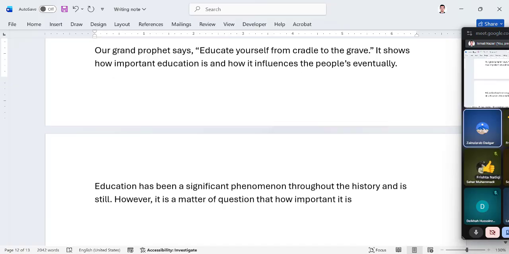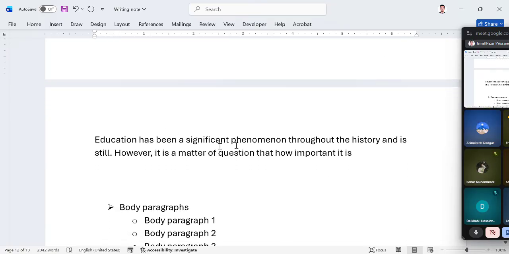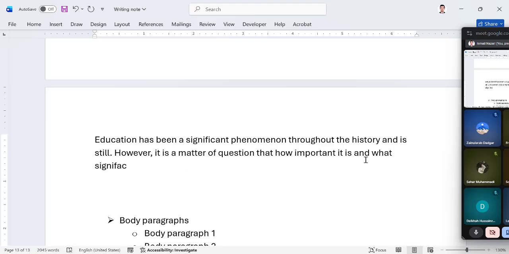So eventually, education has been a significant phenomenon throughout history and is still. However, it's a matter of question that how important it is, and what significance, for example, or what significant role does it have on our personal and social life.